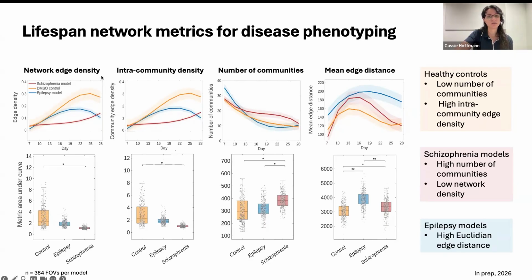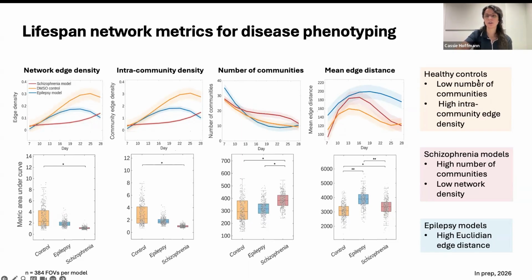In terms of the metrics that I looked at, there's the overall edge density and the intra-community edge density, and you can see those are quite similar. That's because the community organization really drove a lot of the overall network organization. Then there's the number of communities, and also the mean edge distance.